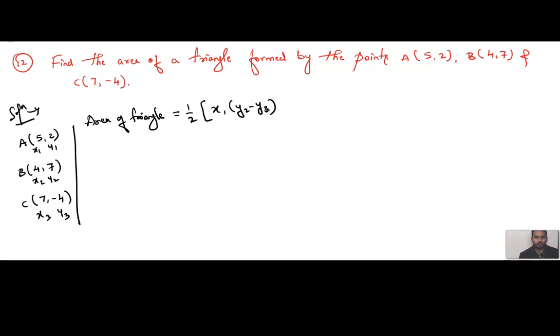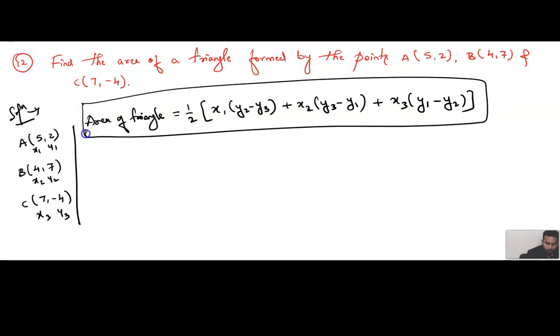Before I started solving the problem, I have already given the logic. If you want, you can apply the logic and write the formula. If not, directly also you can write x2 into y3 minus y1 plus x3 into y1 minus y2. So this is our formula, right?